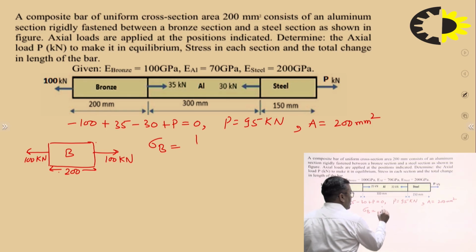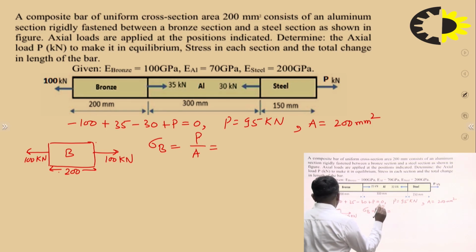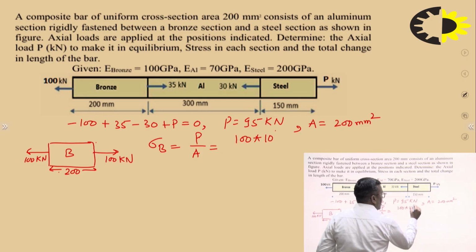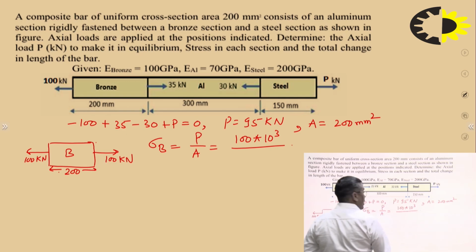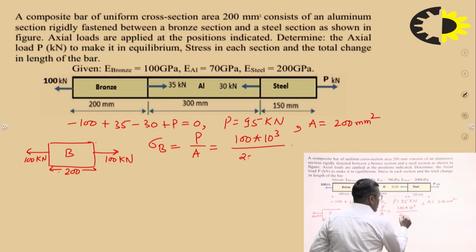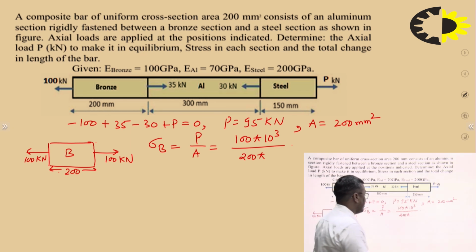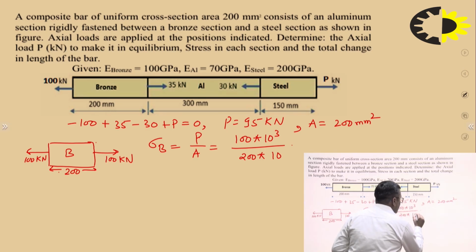We can write P upon A, and P here is 100 kilonewton, and A is 200 mm square. You can convert this into meters, so (10 to the power minus 3) square. So you will be getting the stress.